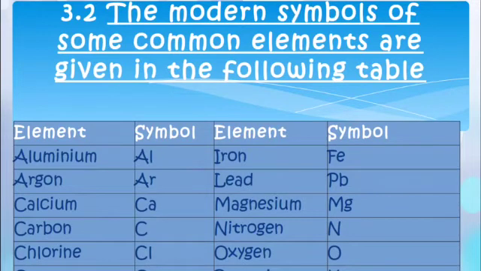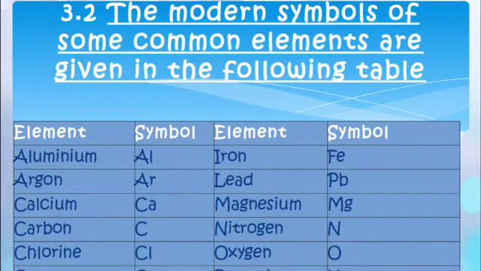As I told you, hydrogen, first letter is capital; oxygen, first letter is capital; carbon, first letter is capital; cobalt, first letter is capital and second letter is small. Aluminium, you can see the symbol of aluminium here, the first letter is capital and second letter is small. Argon, first letter is capital and second letter is small, right?